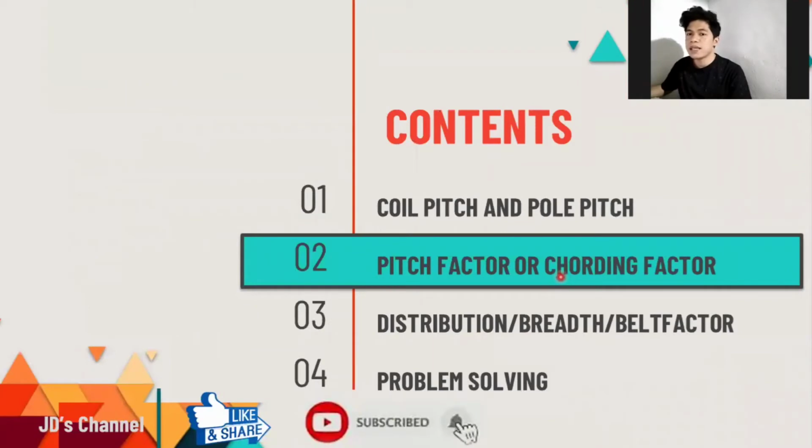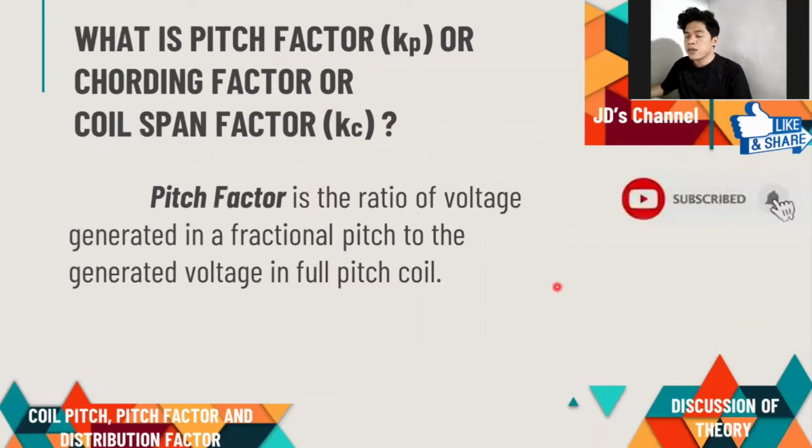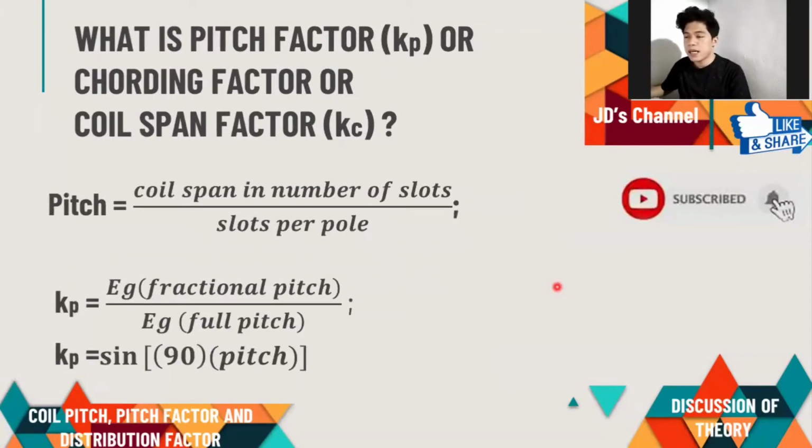So the next one is the pitch factor or the chording factor, or in other books, it is called the coil span factor. Pitch factor is the ratio of voltage generated in the fractional pitch coil to the voltage generated in the pole pitch coil. So here's the formula.